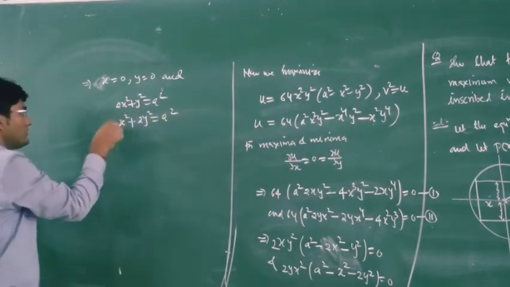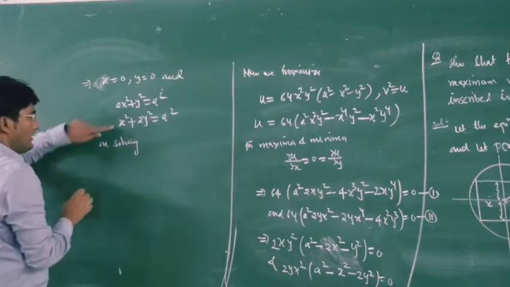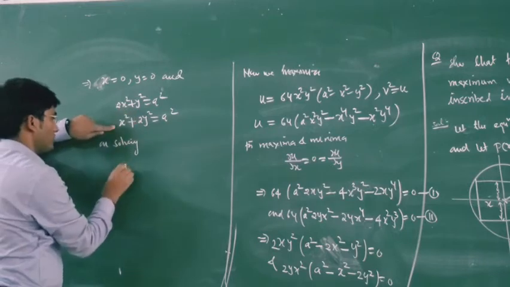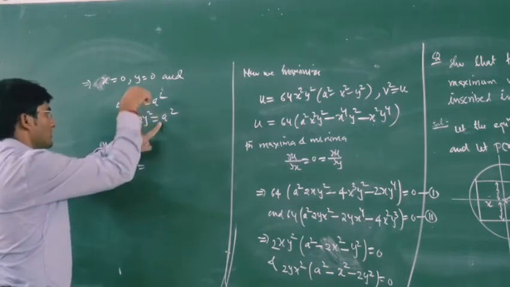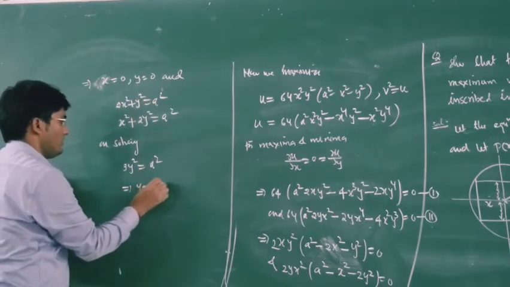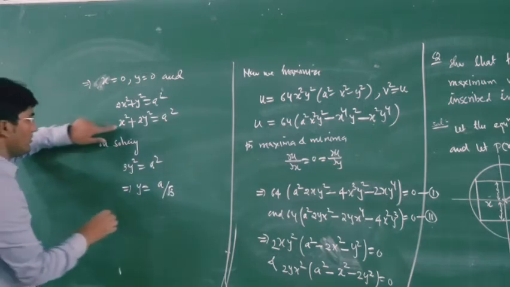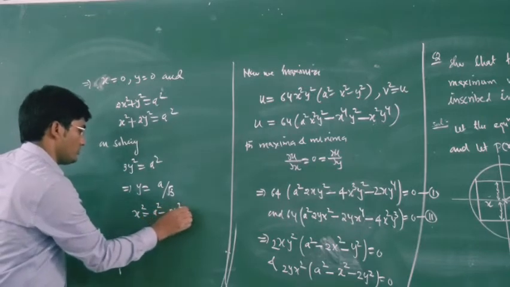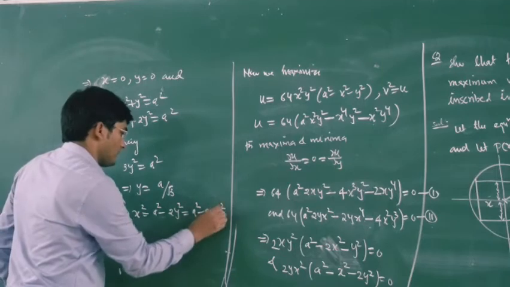So if we multiply this equation by 2 on solving, we will get 4y square minus y square, so 3y square. Now this will be 2a square minus a square, which is a square. So our y is equal to a upon root 3. So if your y is a upon root 3, then our x square will be a square minus 2y square. So this is equal to a square minus 2 times y square, and y square will be a square by 3.